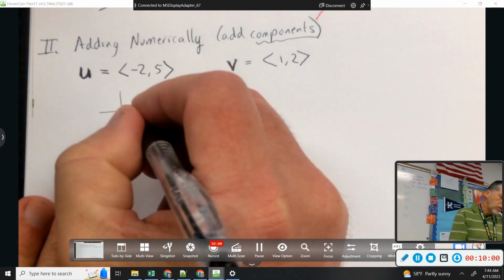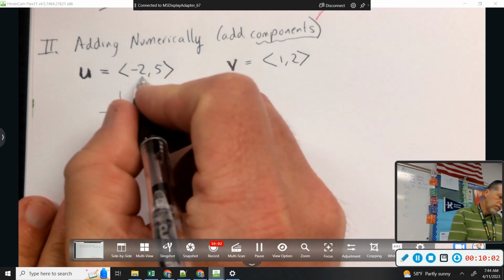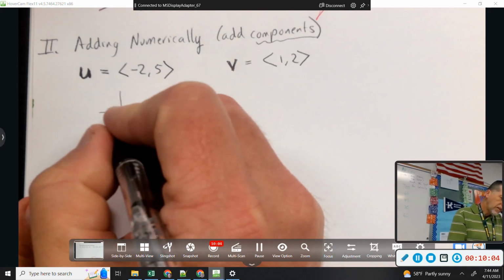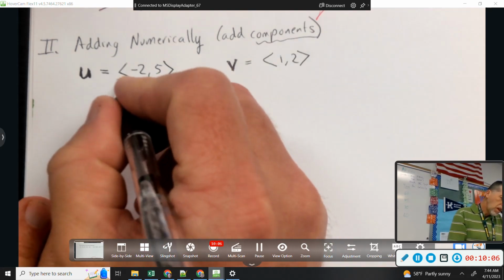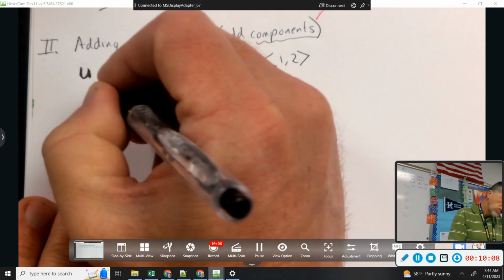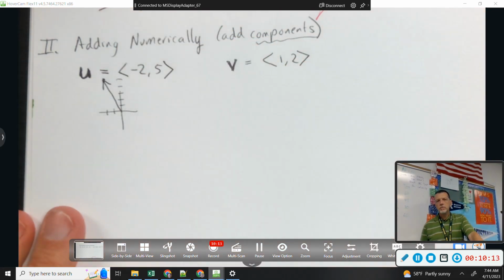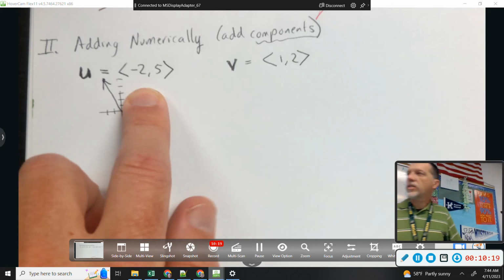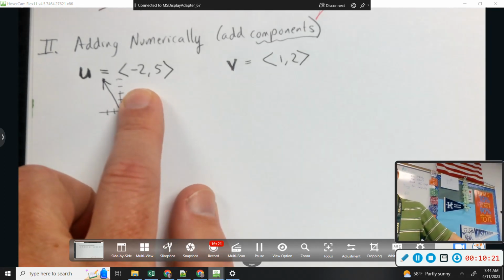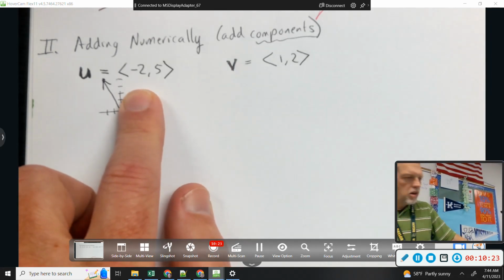So vector u means go left 2 and up 5. So there's vector u. By the way, they don't have to start at the origin. They start wherever you want them to. Those are more like directions. Left 2 and up 5.